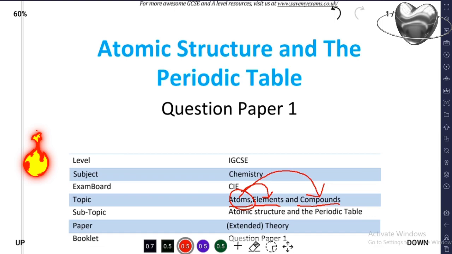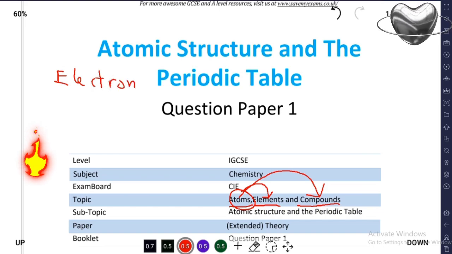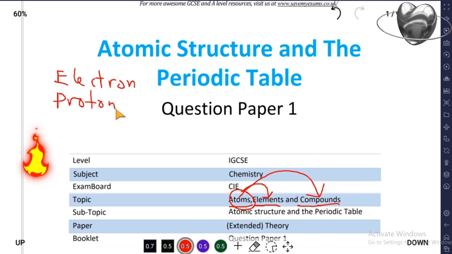Now, we see the value of an atom. The atoms also have three fundamental particles or subatomic entities, also known as subatomic particles. Each atom is going to contain electrons, protons, and neutrons.